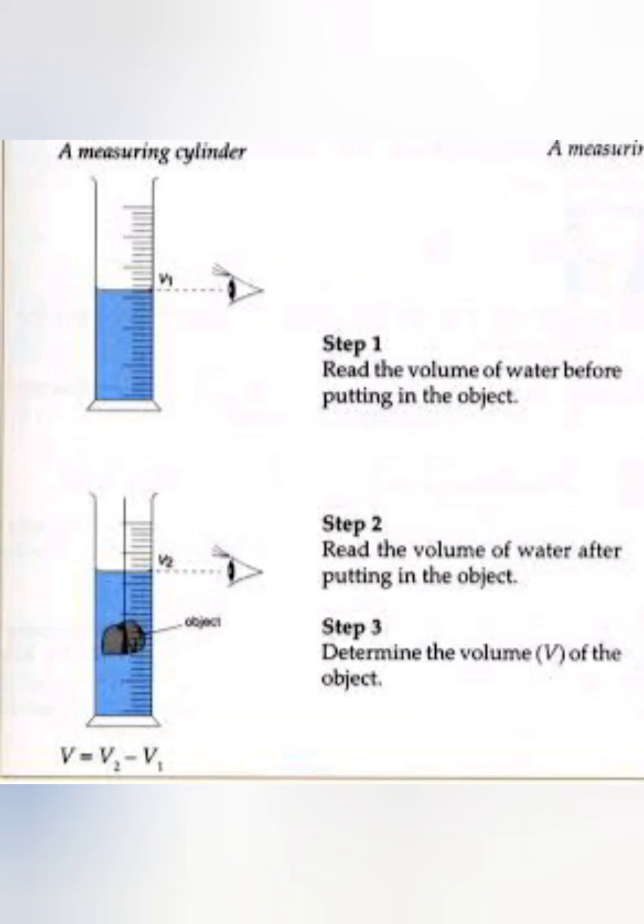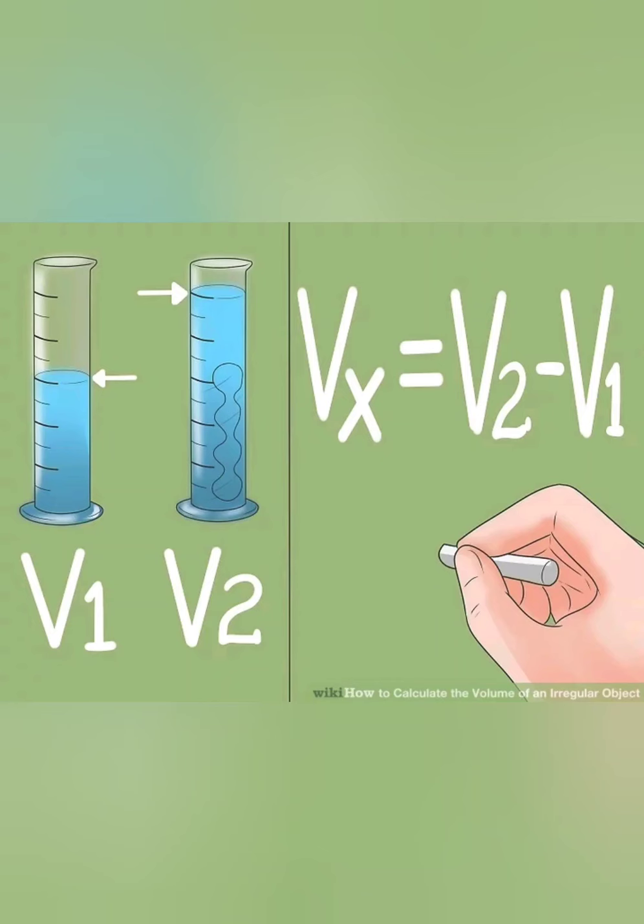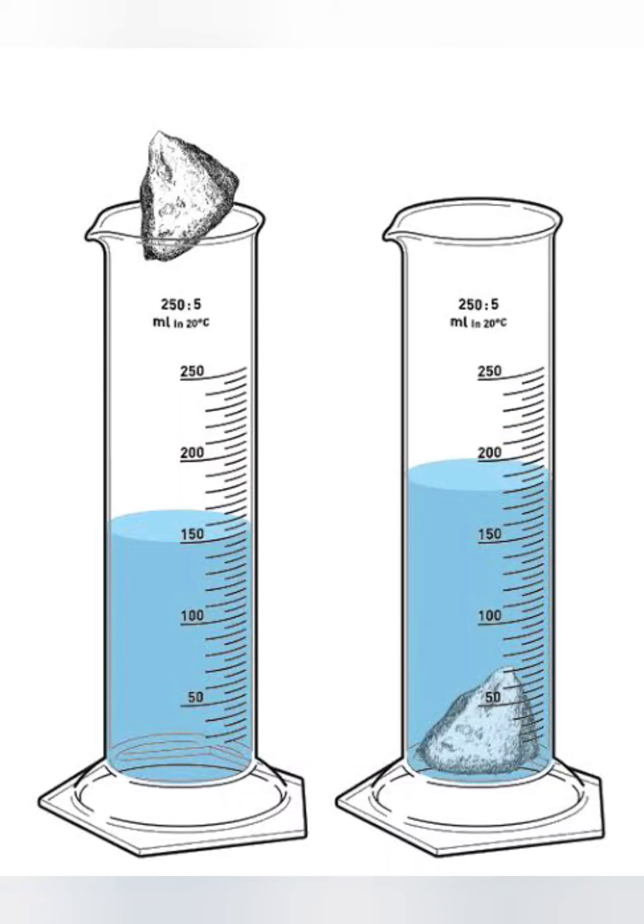Step 3 is to determine the volume of the object by subtracting V2 minus V1. So the volume of an irregular shaped solid can be calculated by subtracting V2 minus V1. This method of water displacement can be used to measure the volume of an irregular shaped solid.